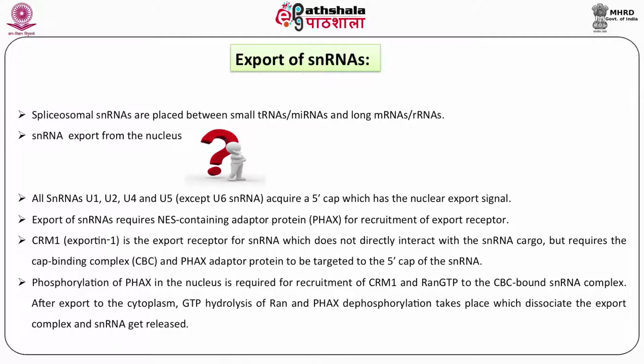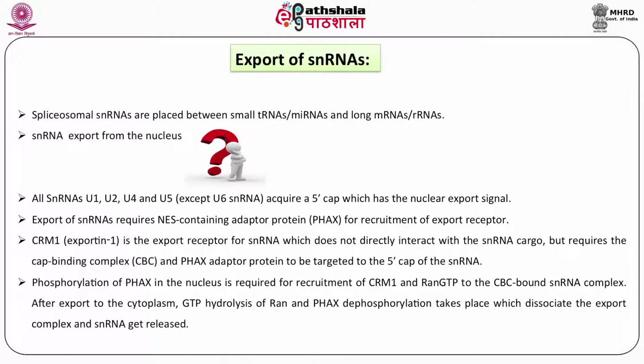Although snRNAs are required in the splicing of mRNA in the nucleus, why they are exported from the nucleus and imported again to function in splicing is still unknown. However, it was proposed that the cytoplasmic export of snRNA during biogenesis might provide a proofreading step to prevent nuclear accumulation of non-functional snRNA.